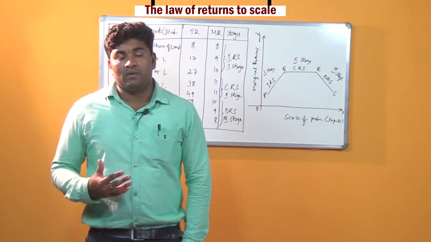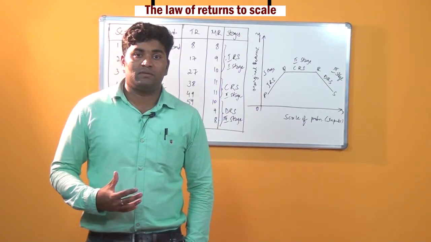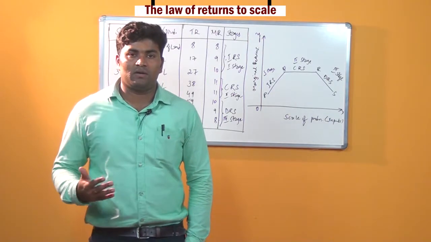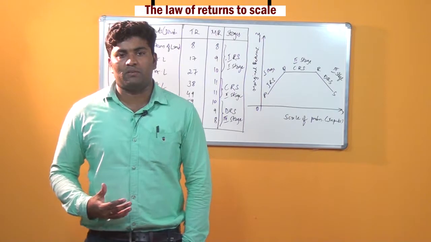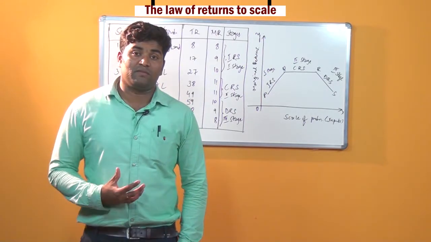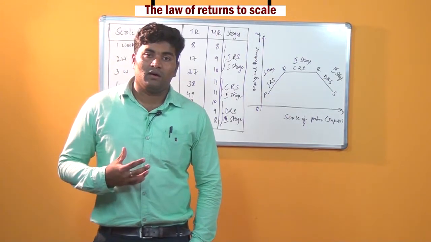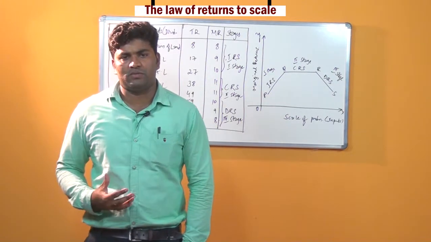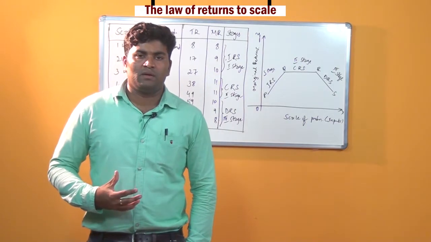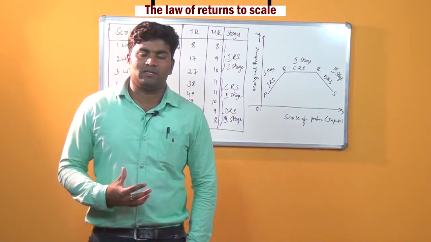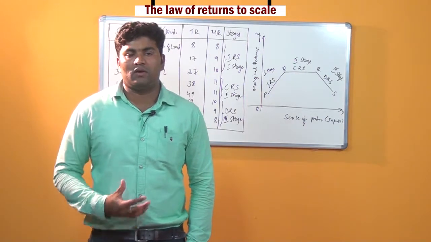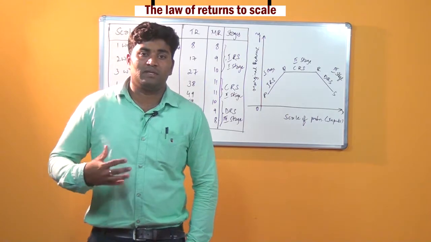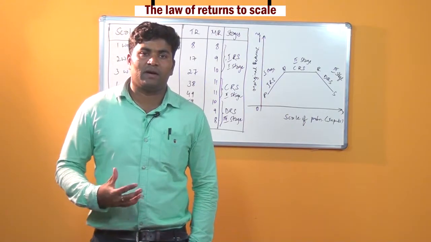I told you that there are 2 production functions, short run and long run. We have already covered the short-run production function. In the long-run production function, the firm has enough privilege to vary all the factor inputs, for example land, labor, capital, and organization, because as the economy grows, people's wants, desires, and other factors will vary.